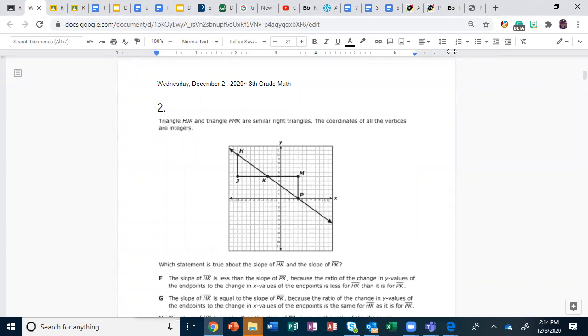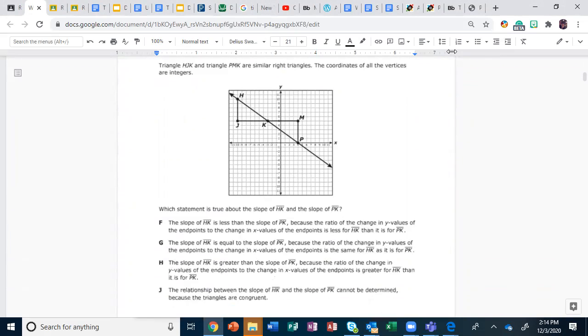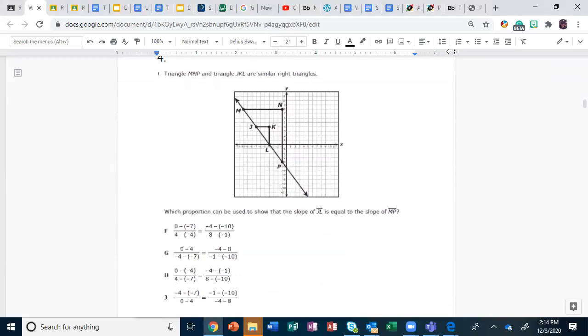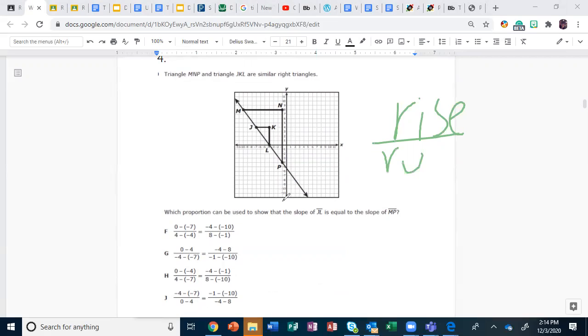Question number 2 says no matter what two triangles you get, you're gonna get the same answer. So this triangle right here is gonna give me the same answer. So let's do rise over run. Which one do you guys want to do? The little one or the big one? Little one. I like the little one too, because it's a little less work. So let's count. How much do we rise on the little one?